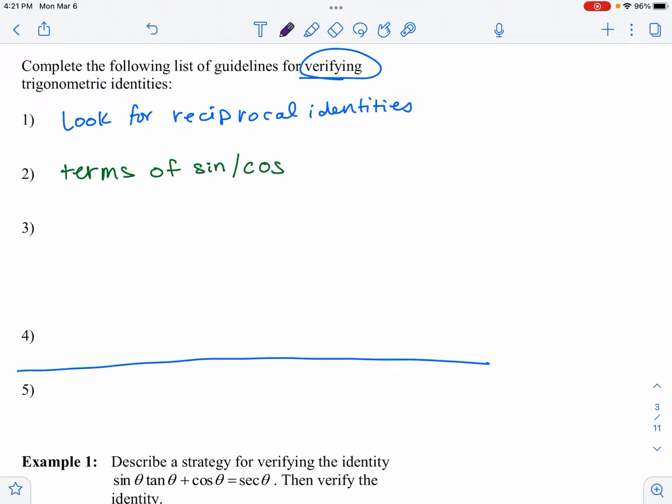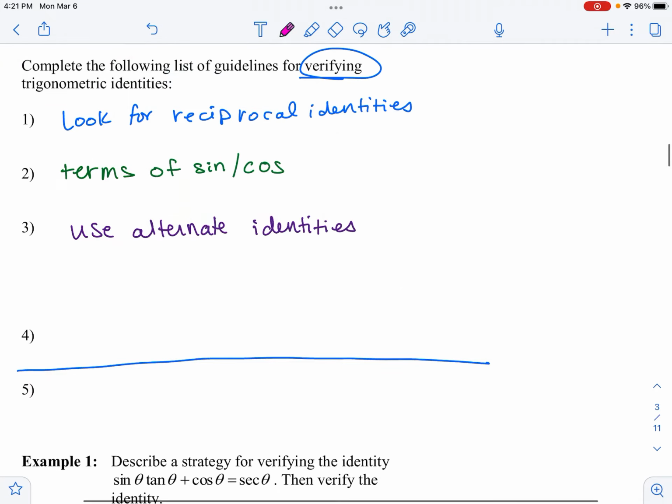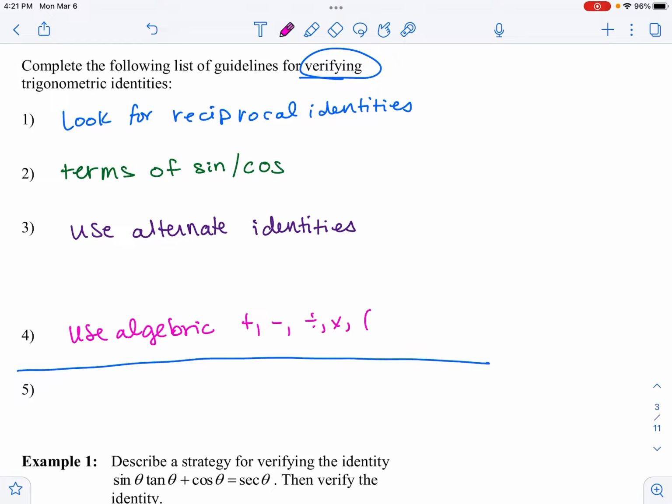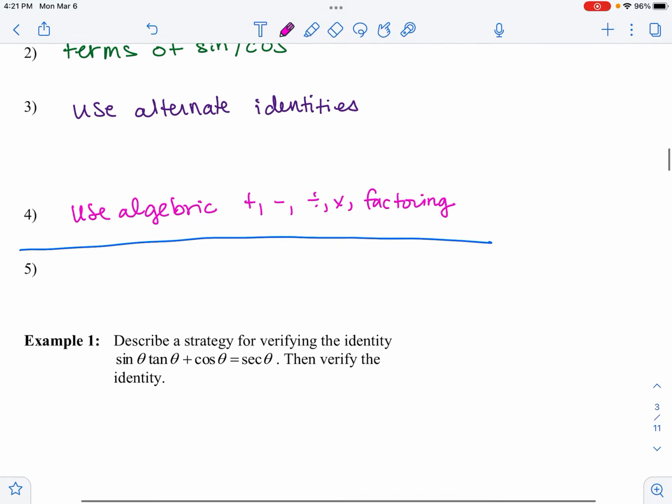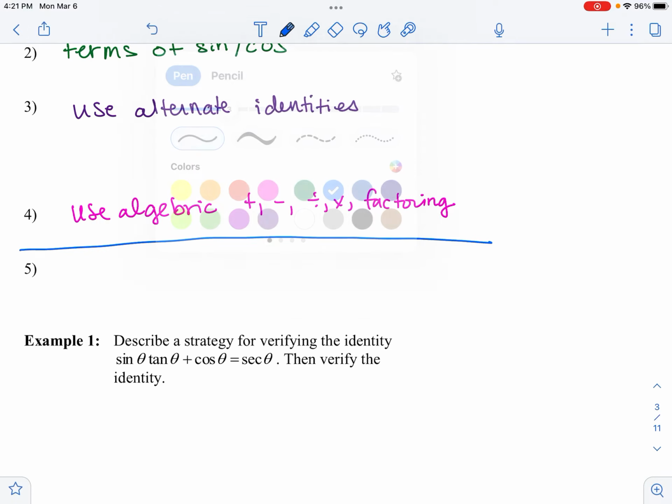We can still use alternate identities, right? Rearranging different identities. And we can also use algebraic operations like addition, subtraction, division, multiplication, and factoring. We could also use FOILing.